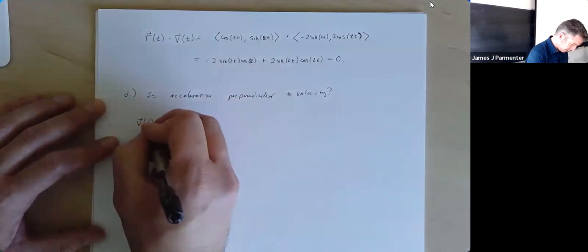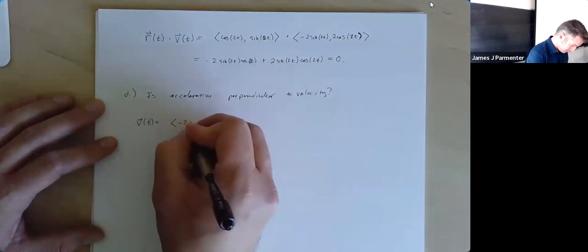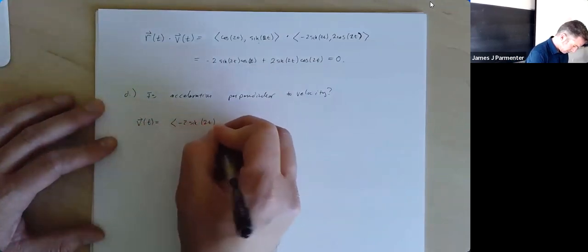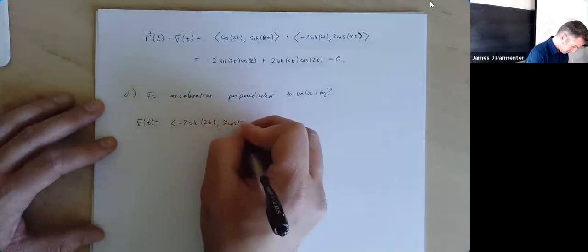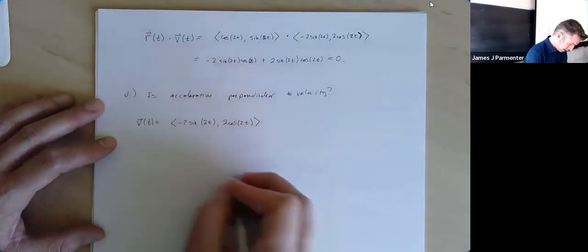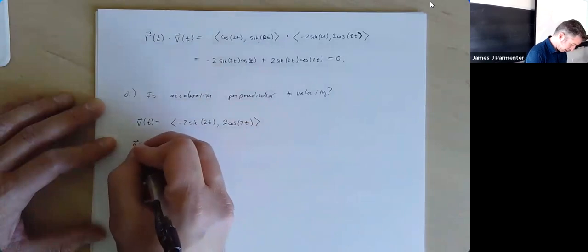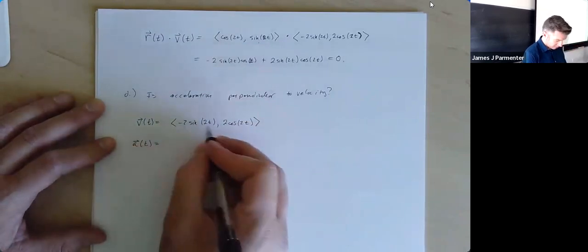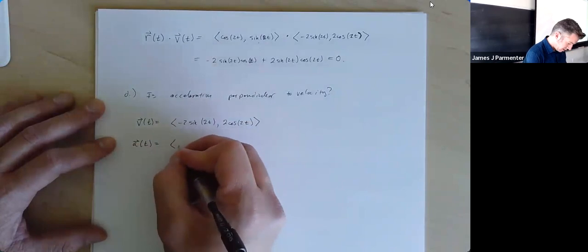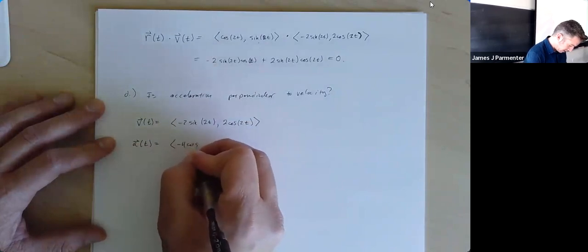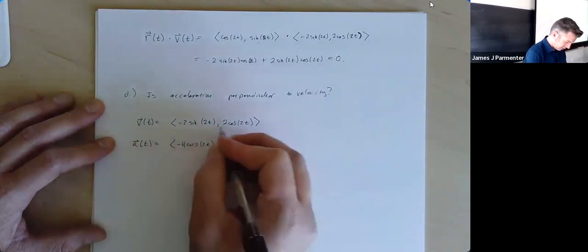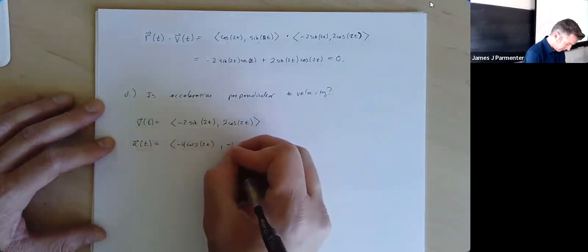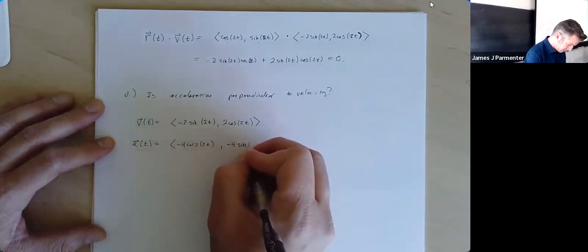That's our velocity vector. Then our acceleration vector, just being the derivative of that, well, I get derivative of -2 sine of 2t is going to be -4 cosine of 2t. And the derivative of 2 cosine of 2t is going to be -4 sine of 2t.